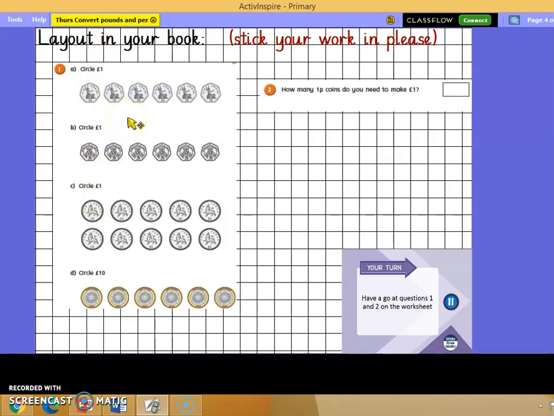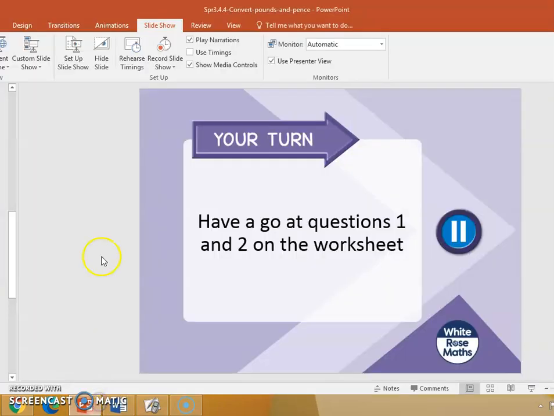So circle which coins you would use to make £1. In C, it's the same, but with 10p pieces. In D, be careful, it says £10. Then you move on to number 2. How many 1p coins would you need to make £1? I'd like you to complete questions 1 to 2 and then come back to me.